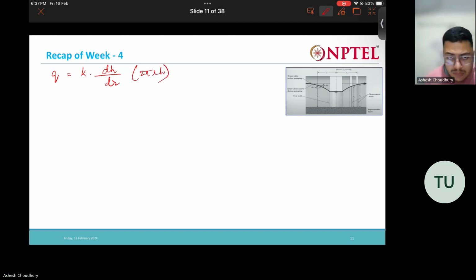Why twice pi r h? Because you can imagine a cylindrical section: water is coming to the test well from the whole cylindrical section of the soil. So that's why 2 pi r into h. Now we integrate this from r2 to r1.